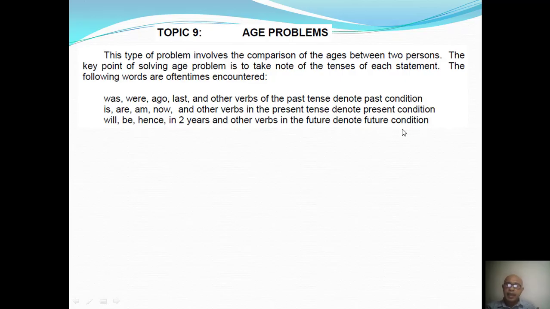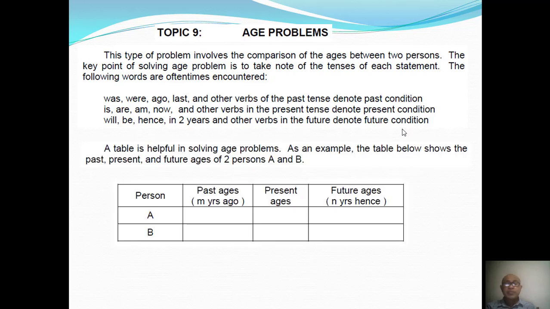Okay? Then, for beginners, kung nagbegin ka lang ng pag-solve ng age problems, better if you use a table, so tabulate ages. The purpose here is to represent the ages in the present, in the past, in the future, depending on the given in the problem. So let us say I have here two persons, A and B. I have here the present ages, past ages, and future ages.